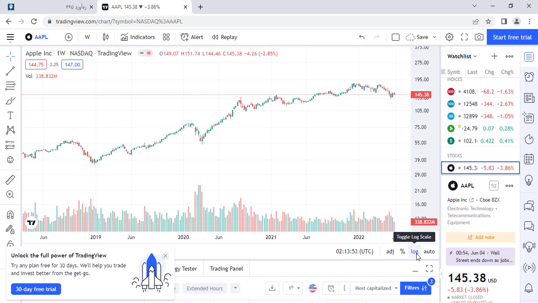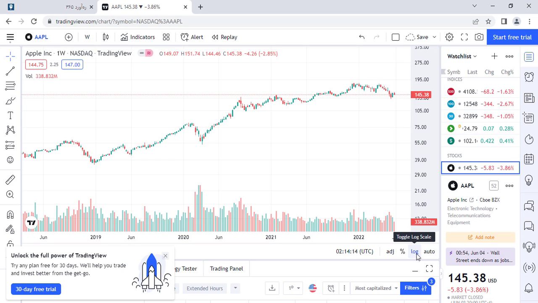I think we have explained enough about different scales that we can use in the charts.